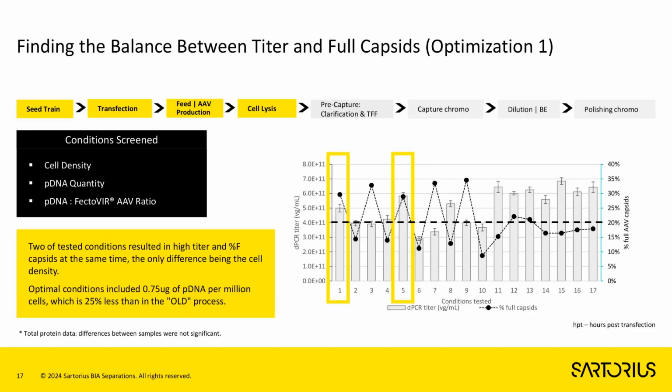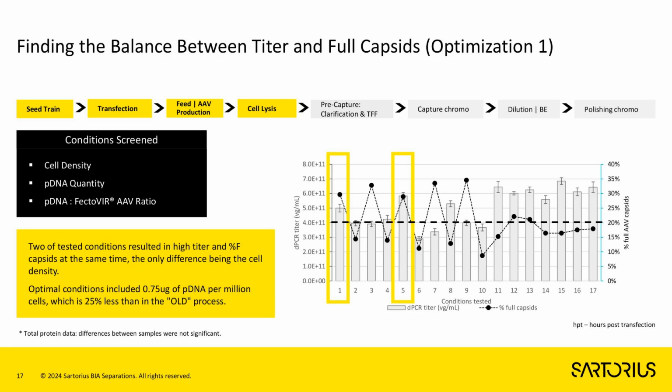So after screening, we proceeded with 2 rounds of optimization, which we did in design of experiment style. Here I'm only showing our data on titer and percent of full without heat maps. But basically, what we have done, we have tested different cell densities, quantity of plasmid DNA per million of cells, as well as the ratio between total plasmid DNA and Factovir AAV transfection reagent.